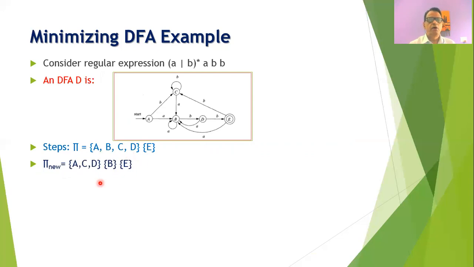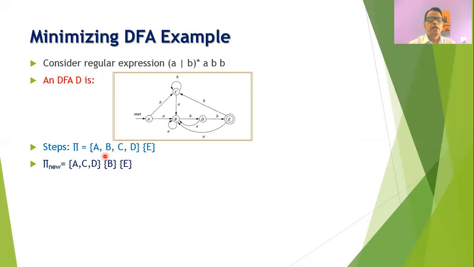Now we will check. As far as the state E is concerned, since there is only one state, one can easily observe that no further partitioning is possible. But for the group A, B, C, D, we will see whether any further partitioning is possible.